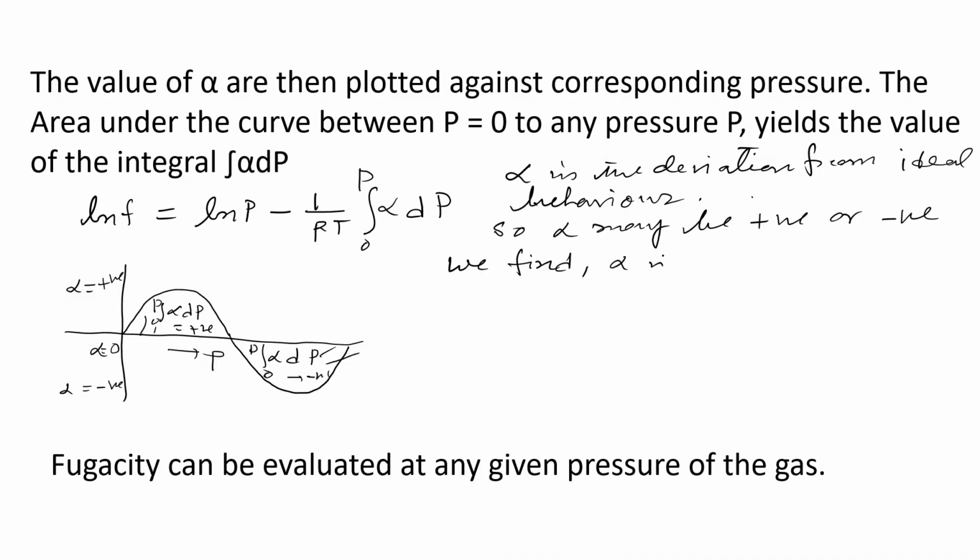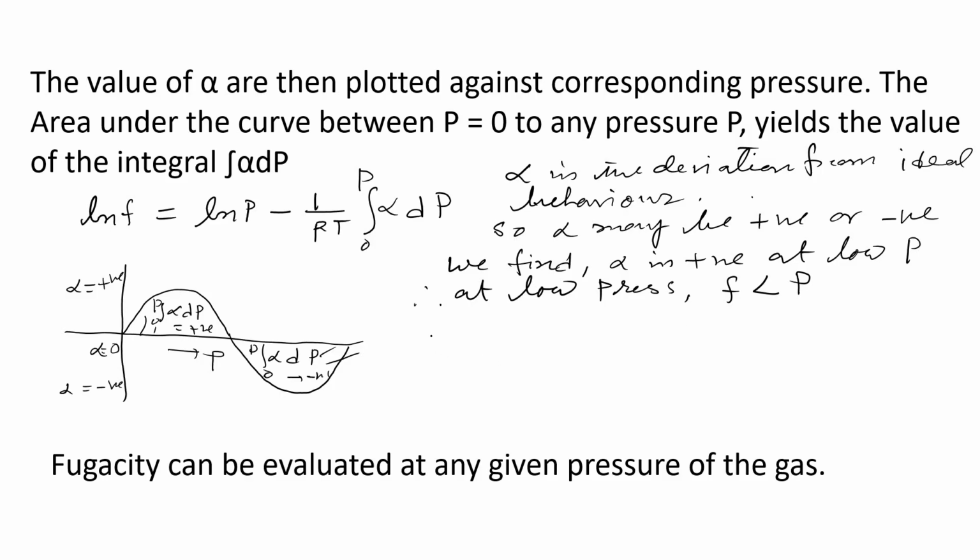When alpha is positive, the fugacity will be less than pressure, because pressure minus these things. Therefore at low pressure, fugacity is less than the ideal pressure.